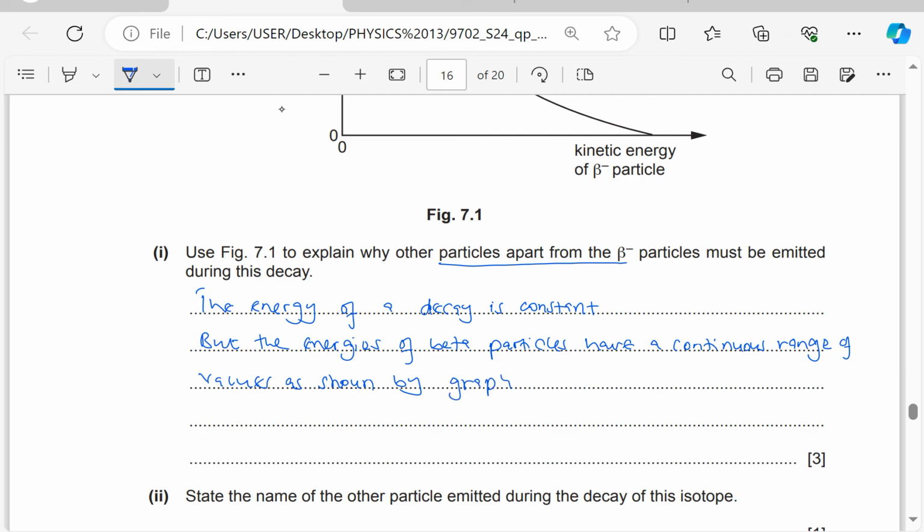If the energy of any decay is supposed to be constant, yet the graph shows that the beta particles have a continuous range of values, then there must be other particles emitted that are sharing some of the energy.